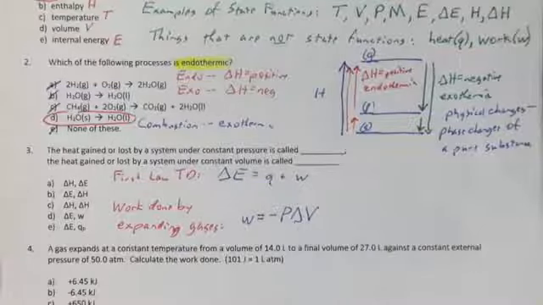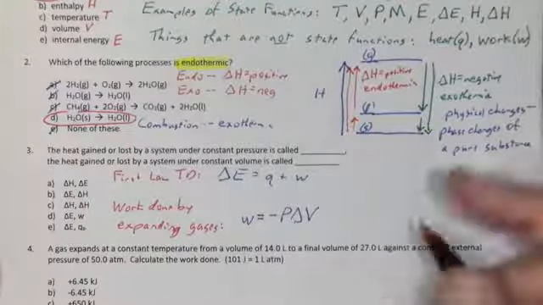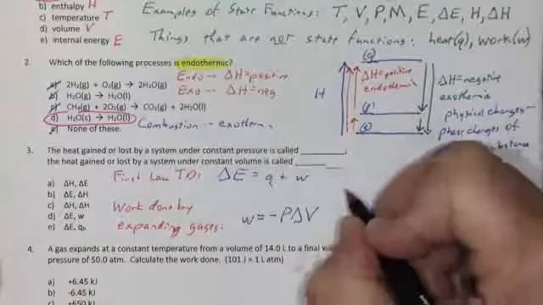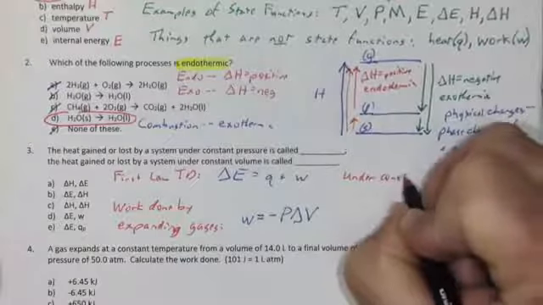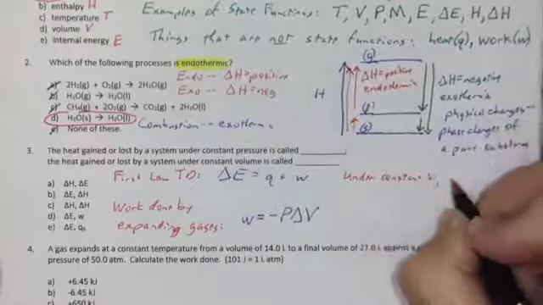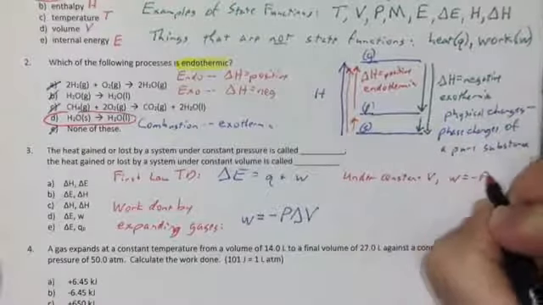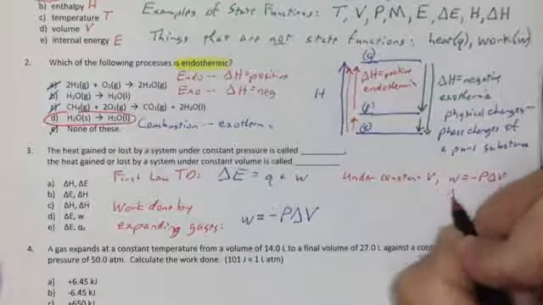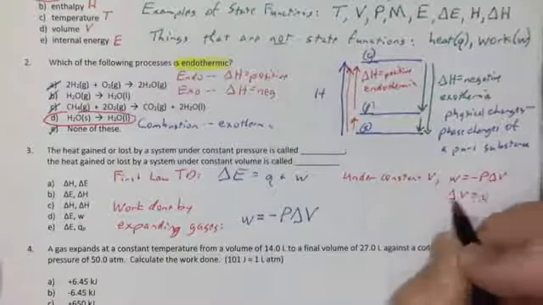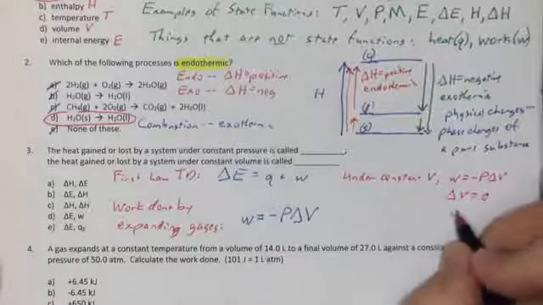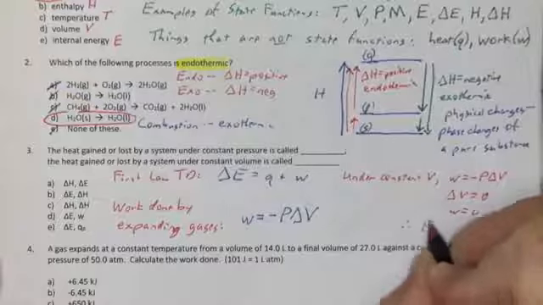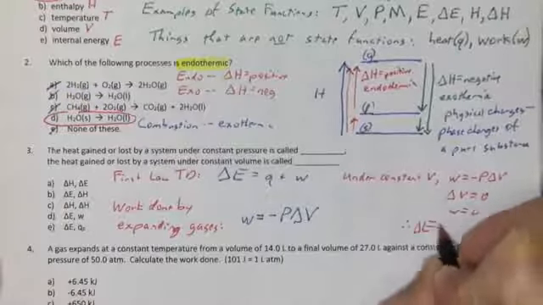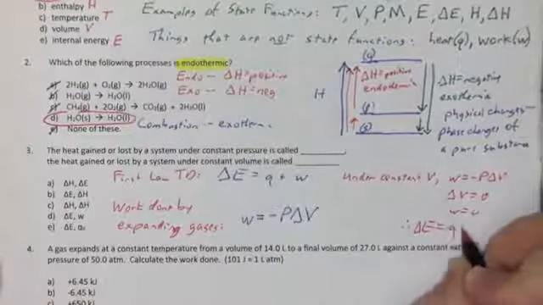So I'm just going to say here, under constant volume, if work is equal to negative P delta V, then delta V is 0. If the volume is constant, the change in volume is 0, and work is equal to 0, and therefore delta E is equal to Q plus 0.